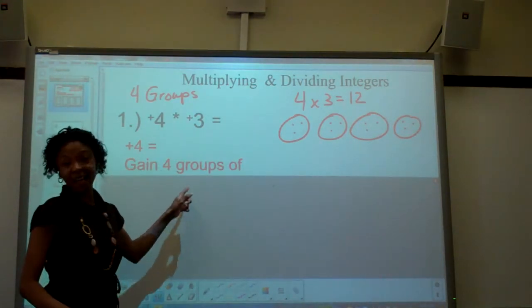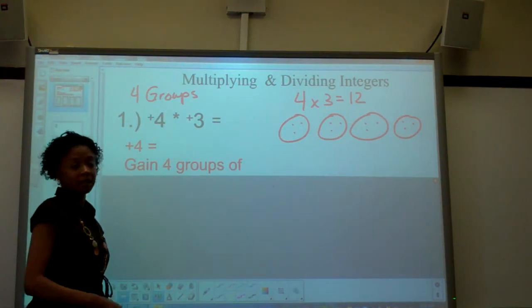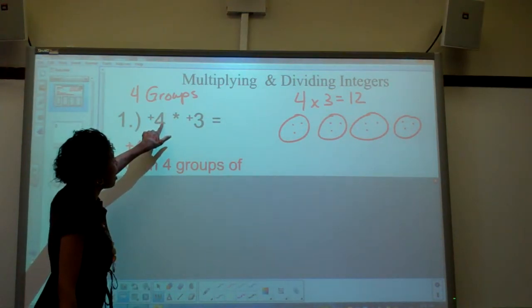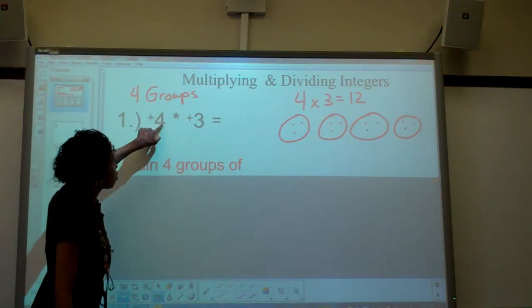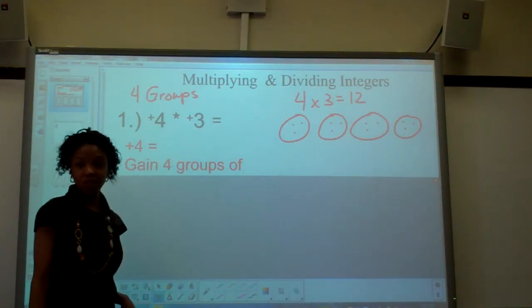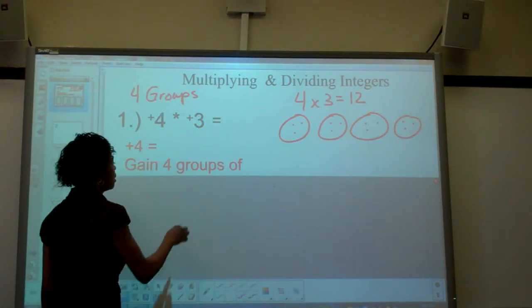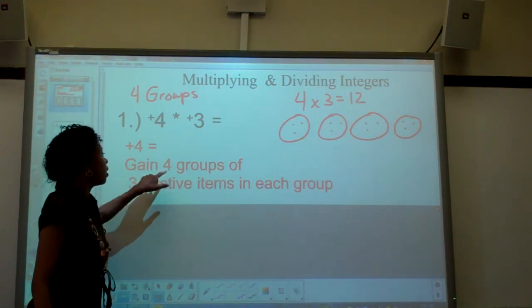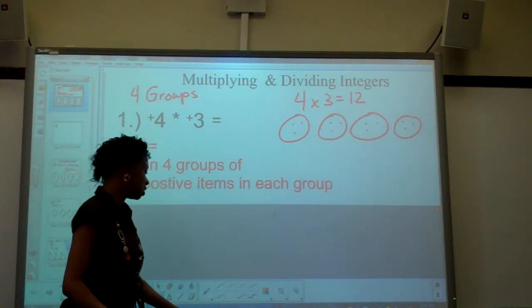So we're going to get 4 groups of what? The positive means get or gain 4 groups with what in each group? In each group, we're going to have 3 positive charges. So we're going to get or gain 4 groups with 3 positive items in each group.